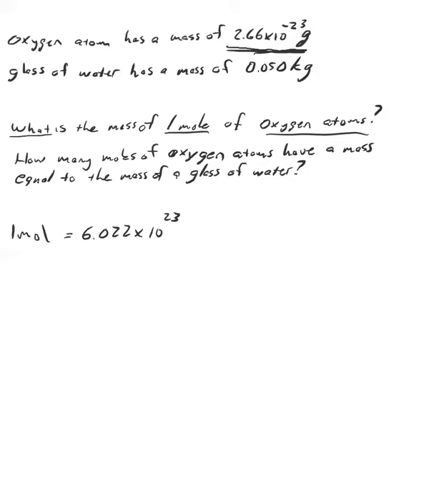So same thing here. You would say, look, it's 2.66 times 10 to the minus 23rd grams per 1 oxygen atom. You don't have to write it out explicitly like this when you're doing it, but I just want you to kind of see the logic and the notation that I'm using. So then you would say, well, how many oxygen atoms am I weighing?